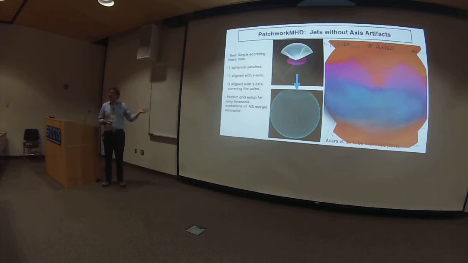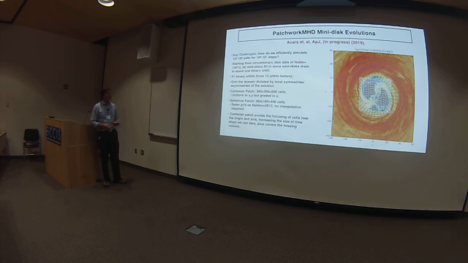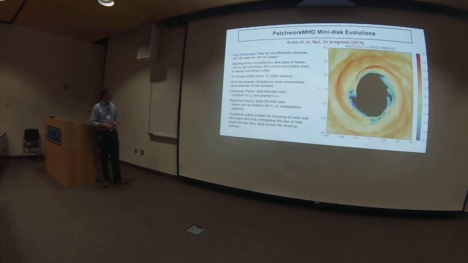What Mark showcased two days ago is that he used a tilted spherical patch to cover the region around the polar axis. That allowed him to study a black hole creating a jet without any numerical artifacts near the axis. And so we're repeating the circumbinary accretion problem with mini disks using this patchwork simulation.